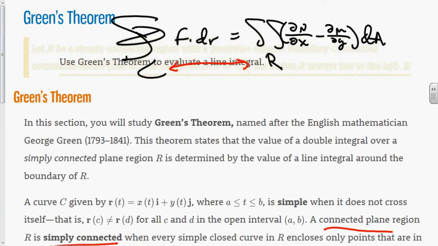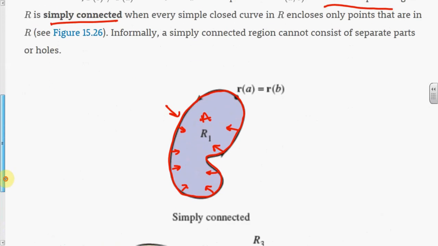If I could go back here. So as we travel along this path, traveling counterclockwise, the region is always to the left of the boundary curve, right? So he's walking, going along a path, and this is the region here, always just like that.